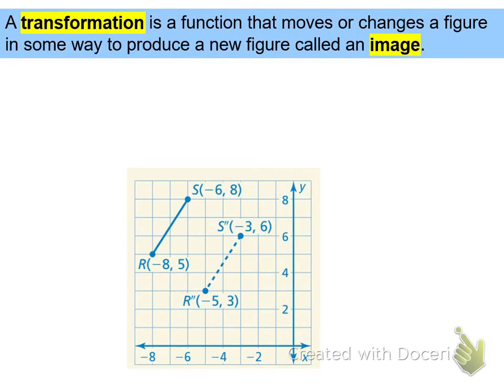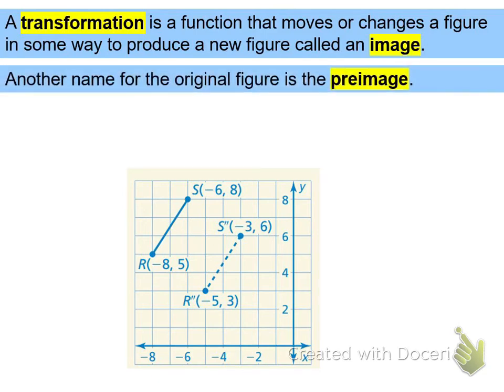But there are some words we need to learn. So below this, it says the original image is called a pre-image. So that's your first blank. The original is called a pre-image. So in this picture, here's my pre-image.